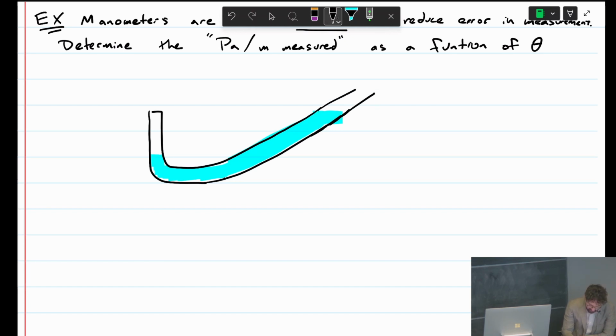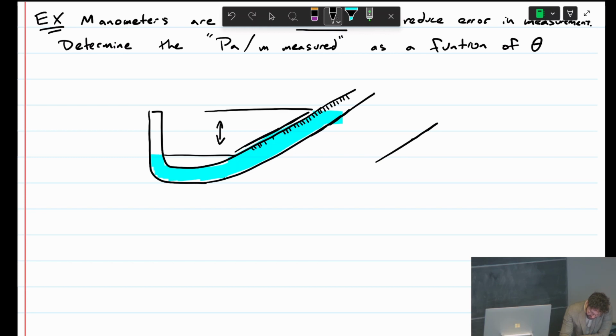So this is what an inclined manometer looks like. What I mean by meter measured is ultimately the thing that affects the hydrostatic head is the height difference between these 2 points. But what we usually do on manometers is we place the gradations like this. Then when you measure basically a length, that length would be from here to here.